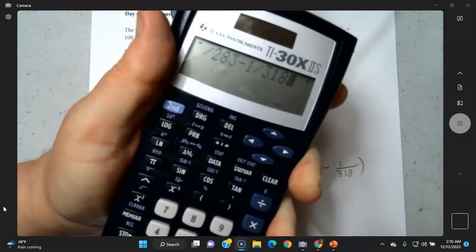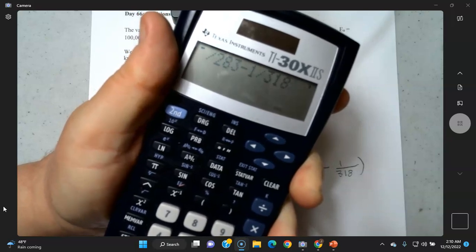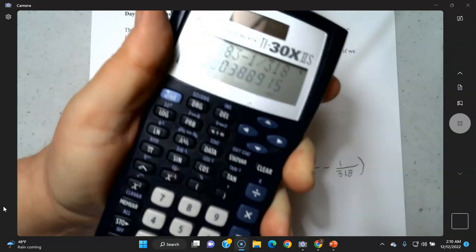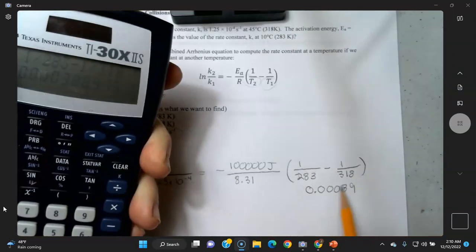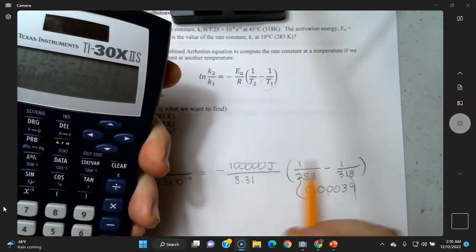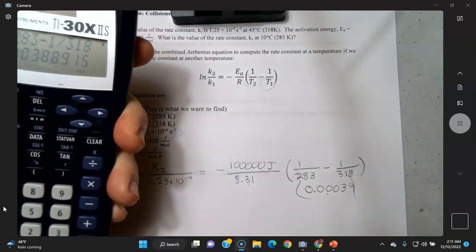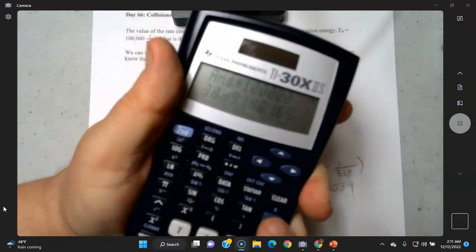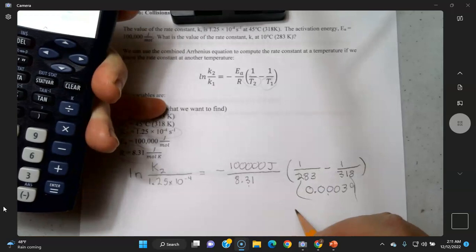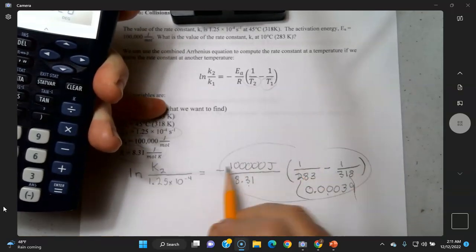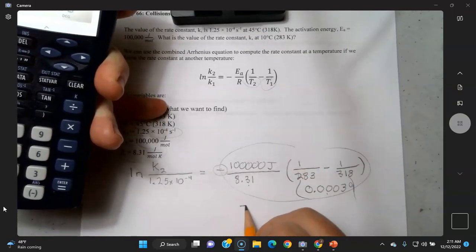Do them at the same time, and then it's going to do the subtraction, which is what you want. So you hit that, and you get this. Now you're going to take this and multiply it. This takes the place of that, so you're going to multiply by 100,000 and divide by 8.31, and it gives us 4.68. So this whole thing, negative 4.68.